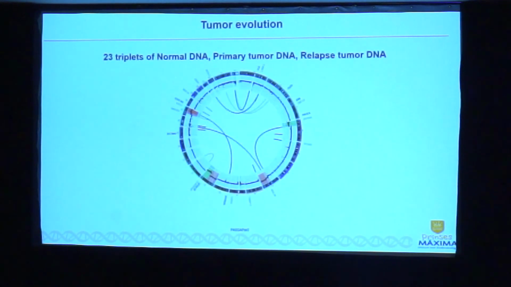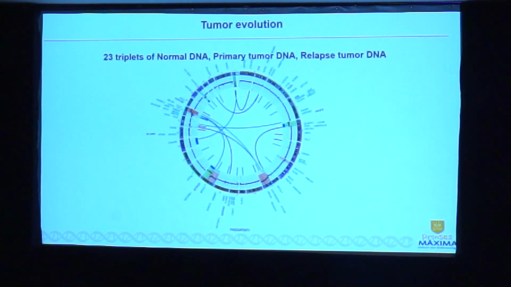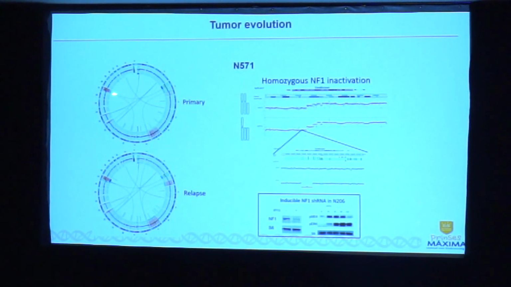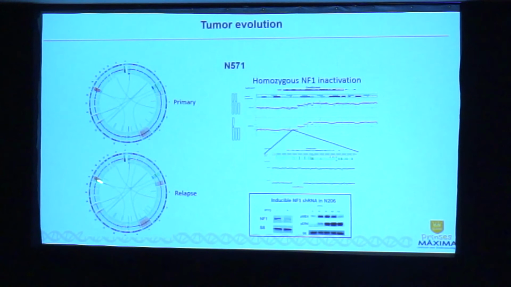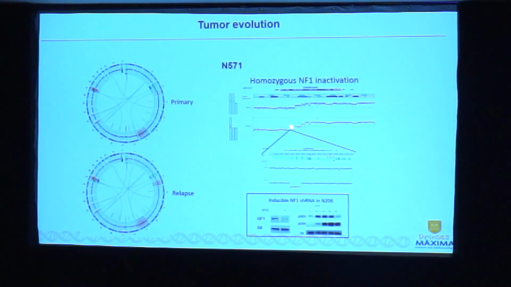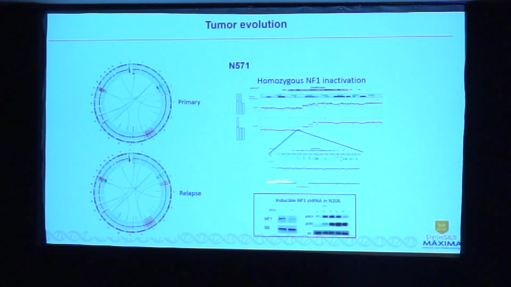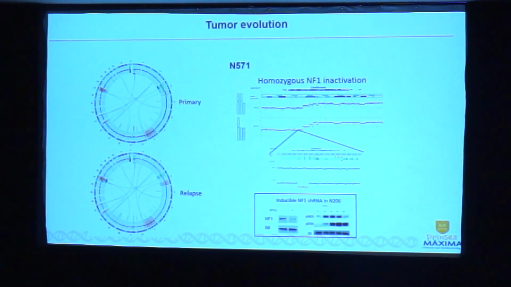And then you can see that there's a huge increase in the number of mutations and the structural variations. So tumor evolution. When we look at what type of events are occurring, here primary relapse, chromosome 17q, and there's the NF1 gene being completely inactivated, which causes an activation of the RAS-MAPK signaling.